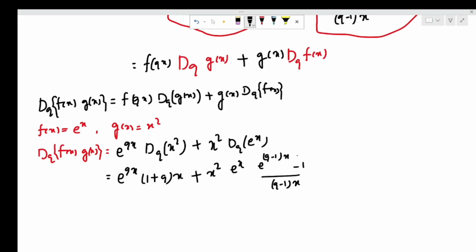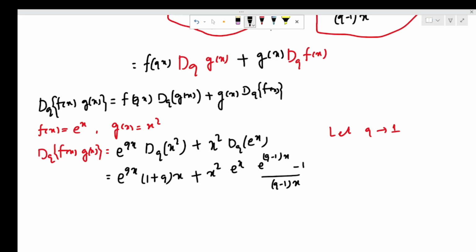for the quantum derivative of e to the power x into x square. Now, here we will let q tend to 1, meaning we will verify whether the quantum derivative gives the standard derivative of e to the power x x square when q tends to 1. Now, q tends to 1.